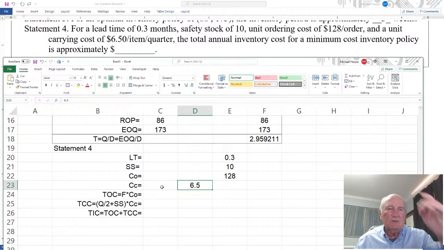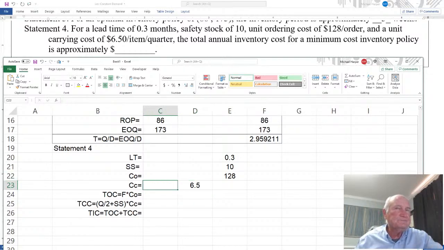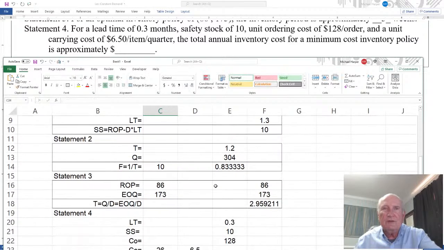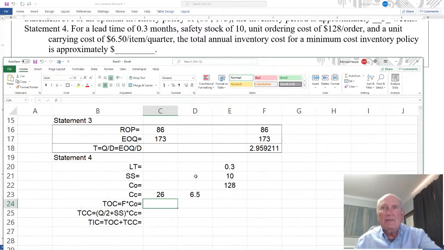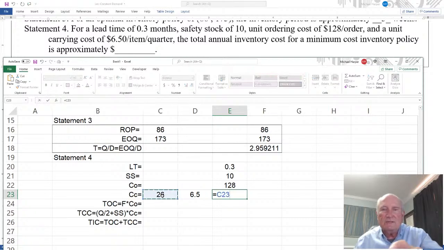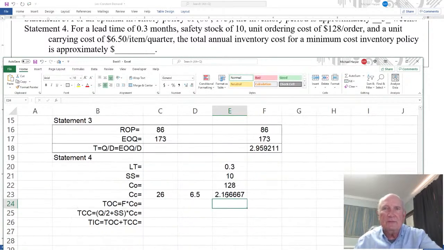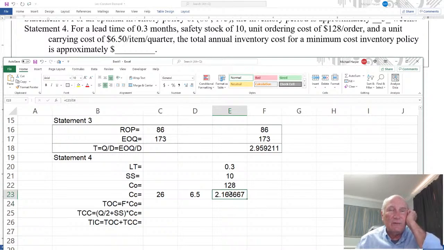So this per year, 6.50 per quarter is going to equal this times the 4 quarters per year, which is 26, and then go back down to your month, which is 26 divided by 12. So it's going to be 2.166. So, I highly recommend that.